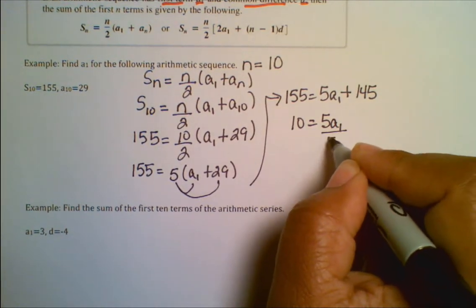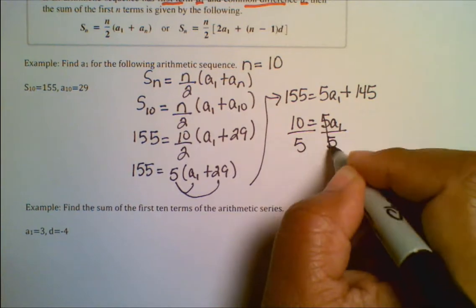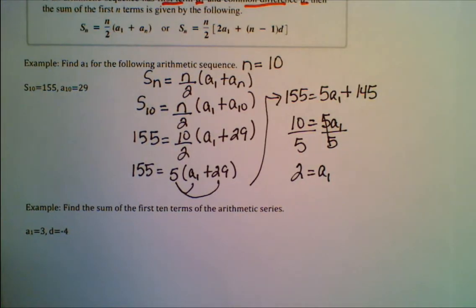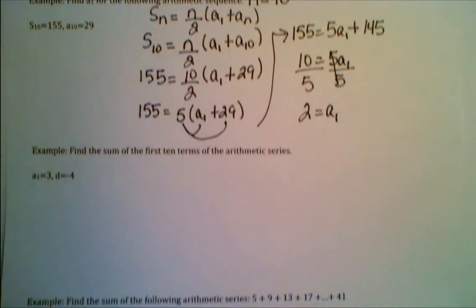Then we divide by 5, and we have 2 is equal to a sub 1. So the first term of this sequence is 2.